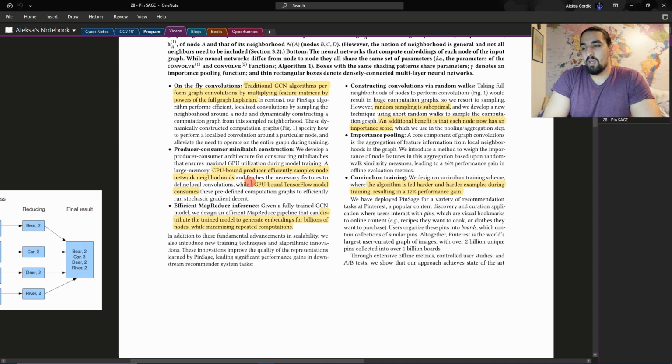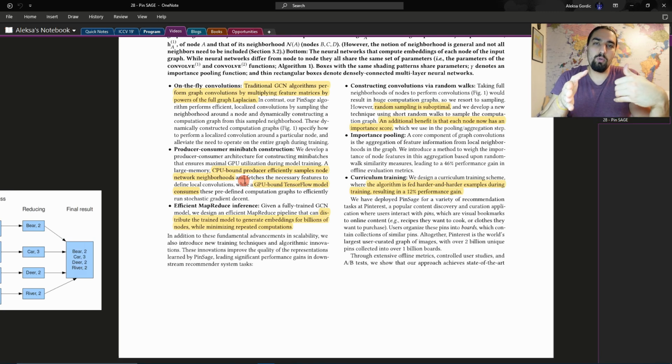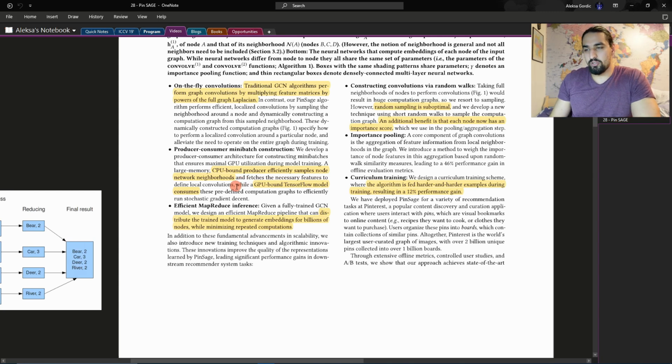In parallel, the CPU is preparing mini batches while the GPU is doing propagations, and you can optimize and sync them so that the GPU is never starving. As they say here, a CPU-bound producer efficiently samples node network neighborhoods, and a GPU-bound TensorFlow model consumes those.